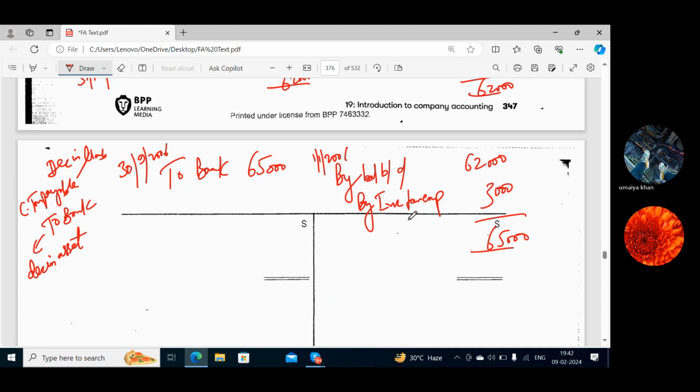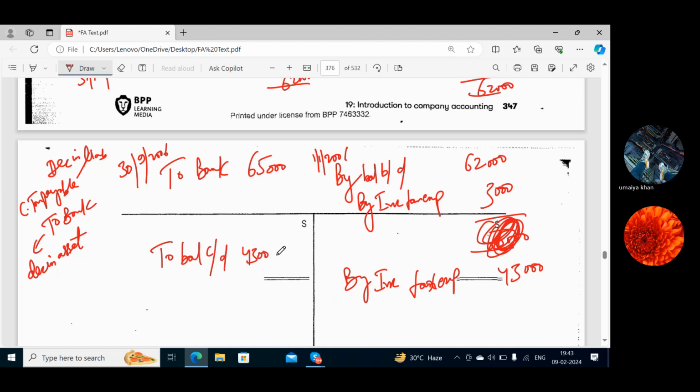Okay, so I will just strike this off. I'll write here by income tax expense 43,000, and this will be again we have to take it here to balance carried down 43,000.